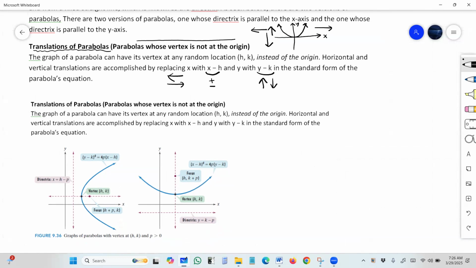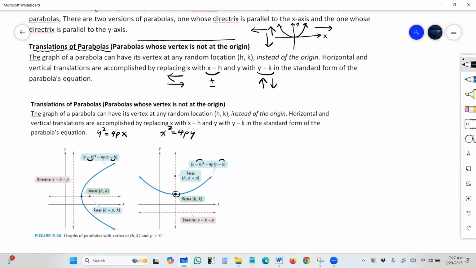So the equation now becomes, instead of just y equals 4px or x squared equals 4py, we have this minus k and minus h, or minus h and minus k. Yes, it seems a little scary, but I assure you it's not. And I'm going to give you an easy way to find the vertex.